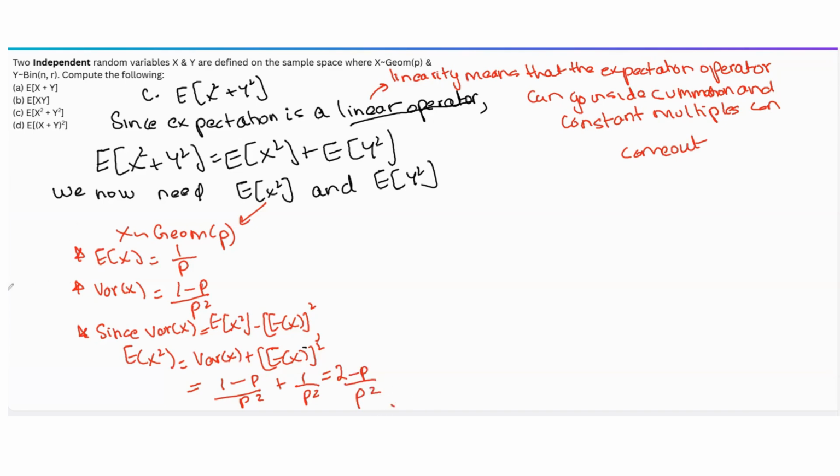So the idea is that the expected value of x square can easily be calculated if you know the variance of x and the expected value of x. We know x is a geometric random variable with this expected value and variance, so using these, we can easily find the expected value of x squared.